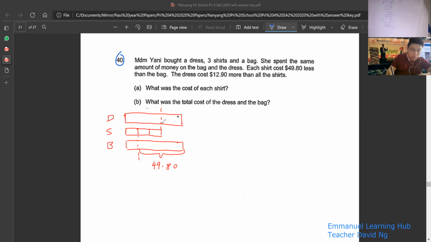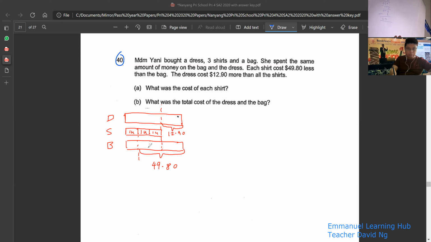Yeah. You know what to do now? From the model, you can tell. To get the cost of each shirt.